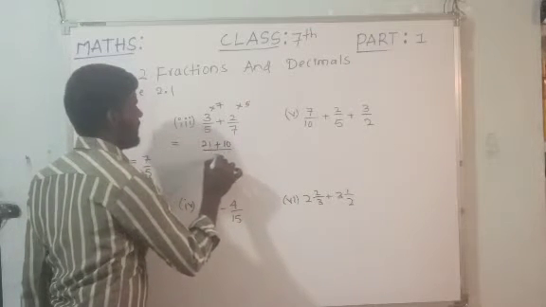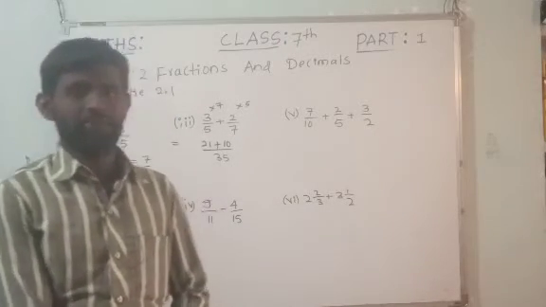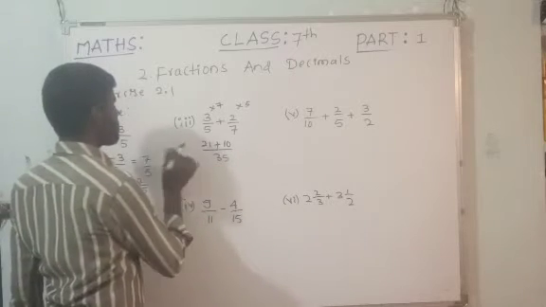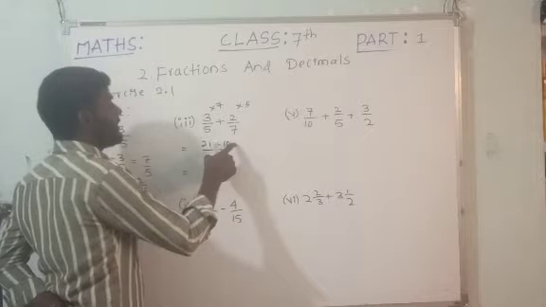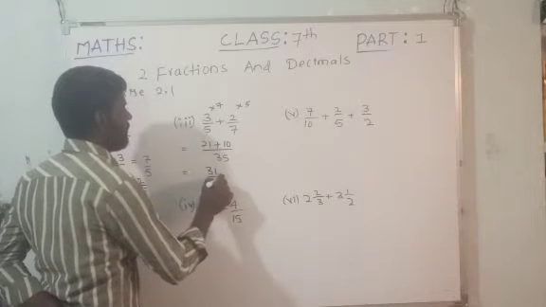LCM is 35, you know that very well. Next, dear children, 21 plus 10 is 31 divided by 35.